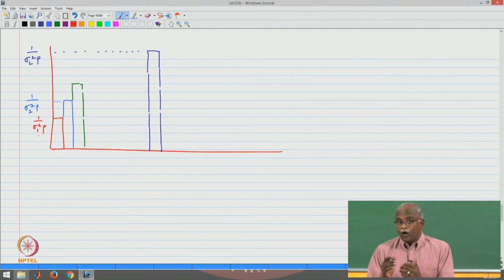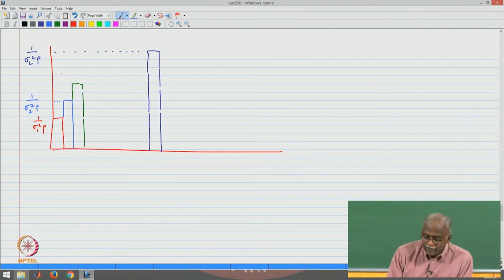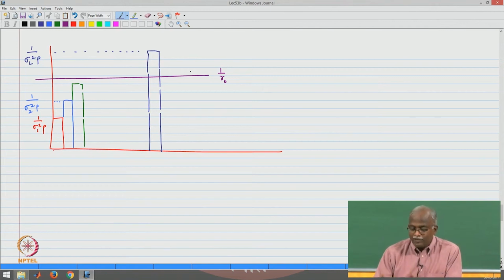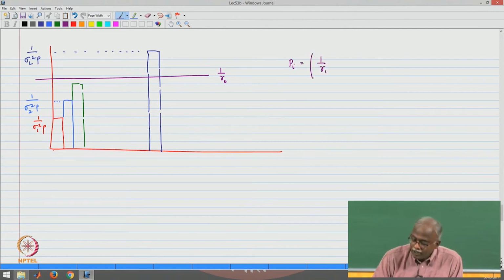Now, the water filling method says that there is a way of drawing the threshold, which is given by 1 by gamma naught, and any channel that lies above this, where 1 by sigma L squared rho is greater than 1 by gamma naught, will not get any power, because if you remember, the power allocation Pi is given by 1 by gamma naught minus 1 by sigma I squared times rho.